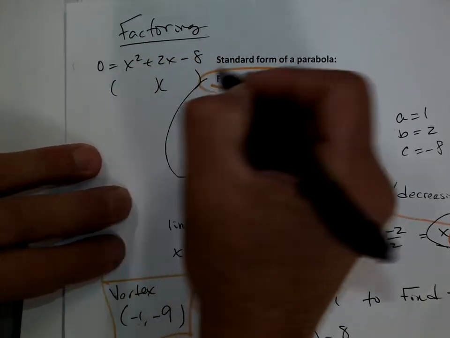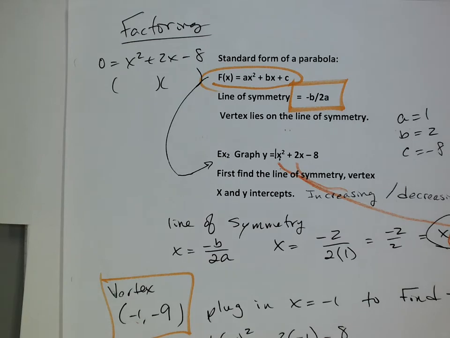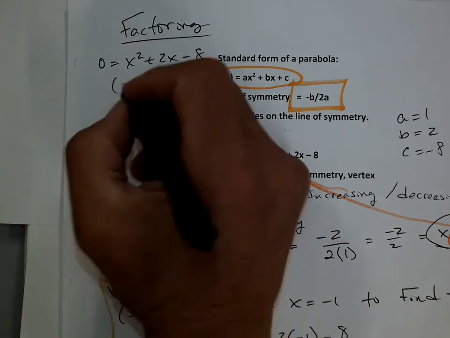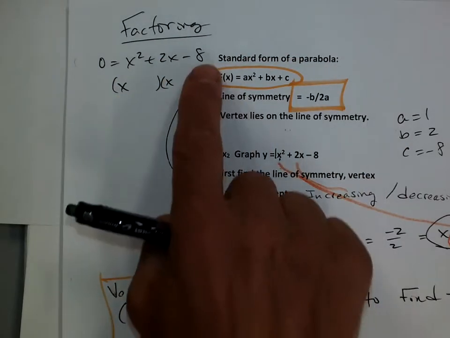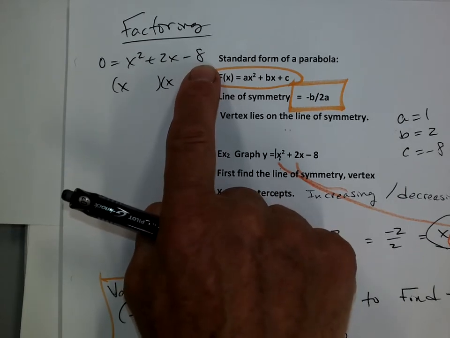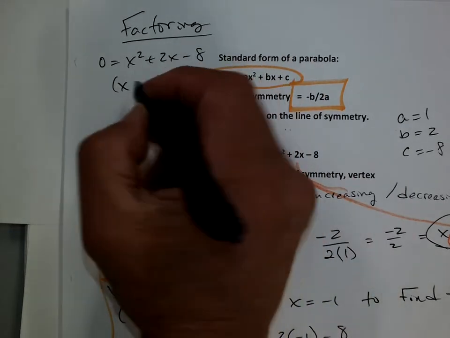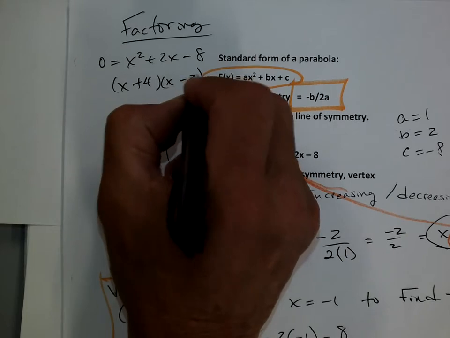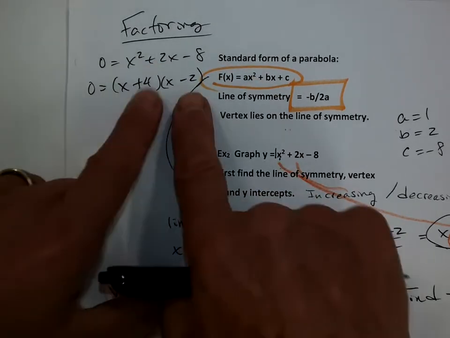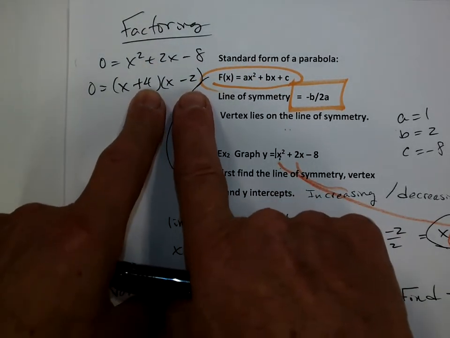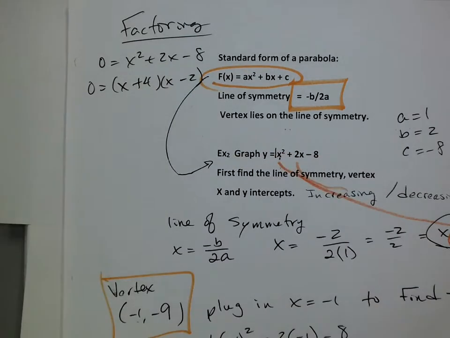Let's see if you remember how to factor. We know x and x. What times what makes negative 8? Probably a positive 4 and a negative 2, because they multiply to make negative 8, but they also add up to positive 2. We did this last year.